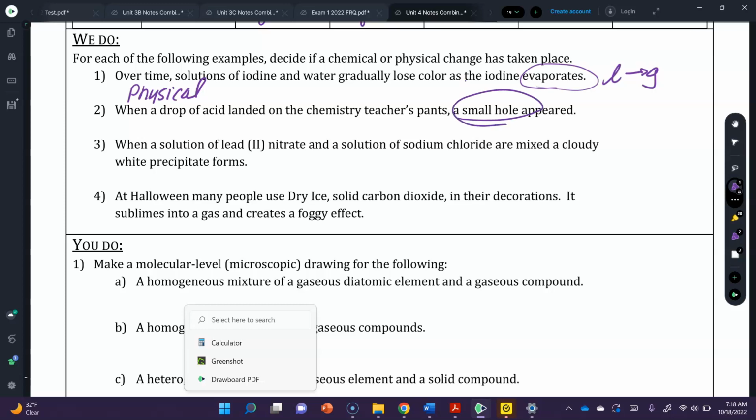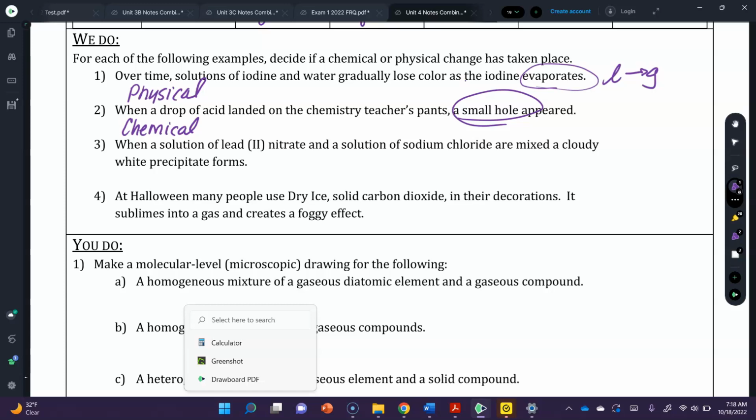The acid has changed the chemical composition of the pant. And so we have a chemical change because we can't get it back. And it is permanently changed. Those pants are ruined. Though also getting marker on pants might ruin it too, but you could probably get those out with some washing.